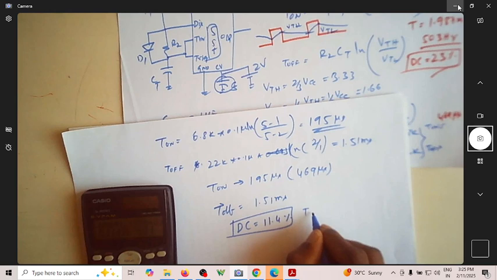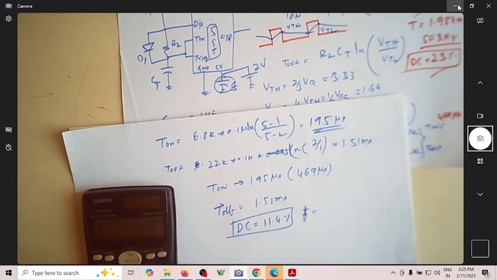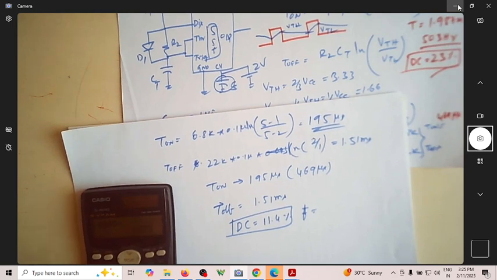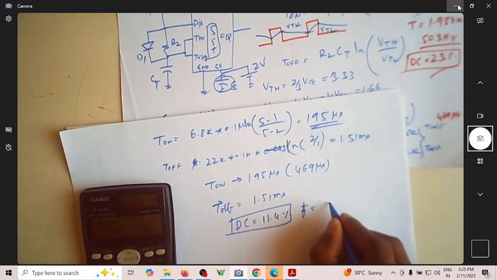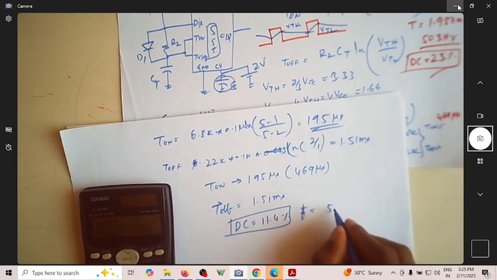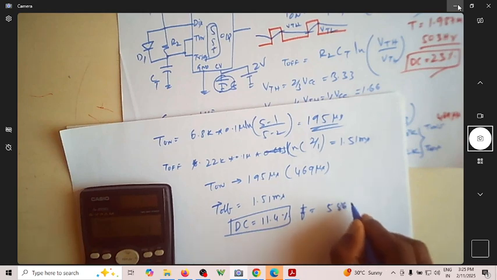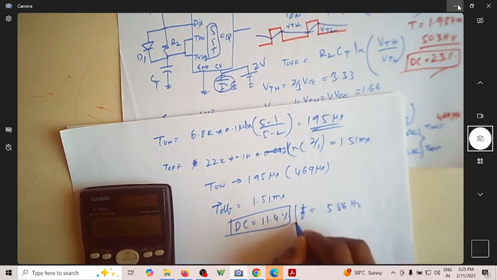Then the frequency will be a bit more. So it is 0.195 plus 1.51 milliseconds, and 1 over that is 586 hertz. This will be the frequency.